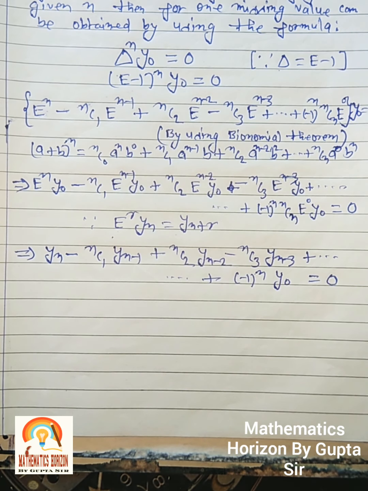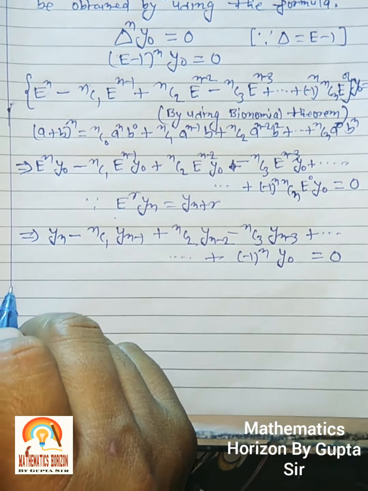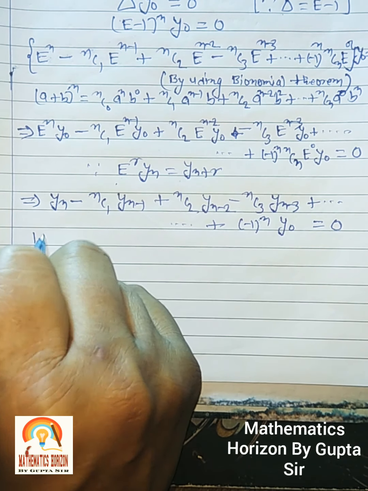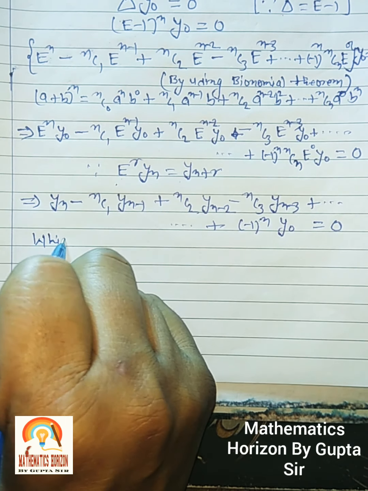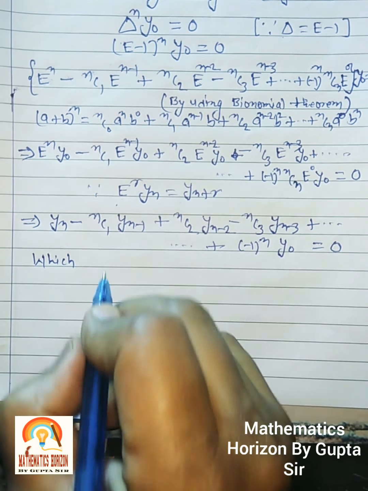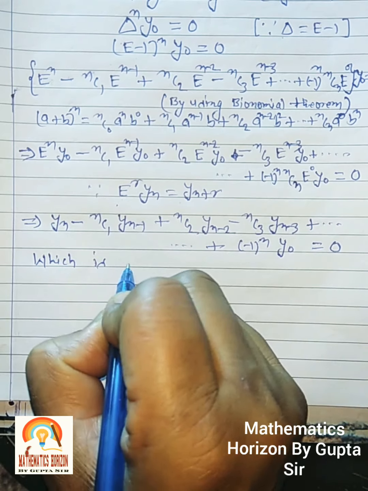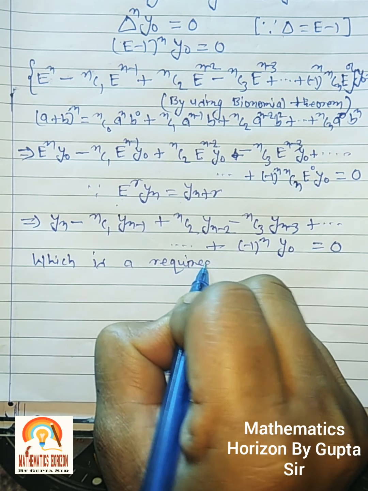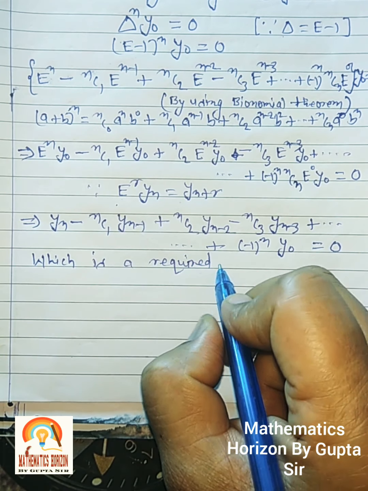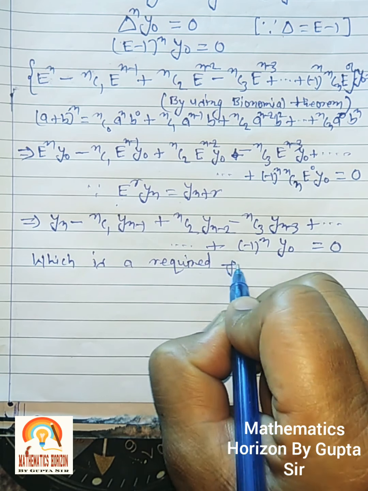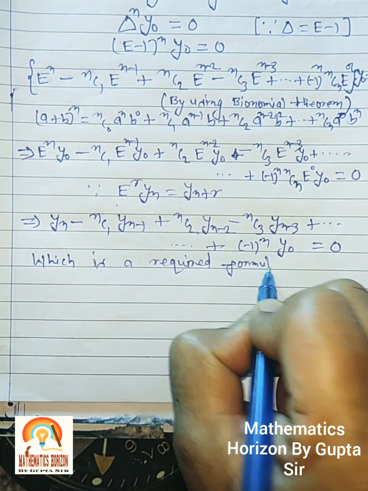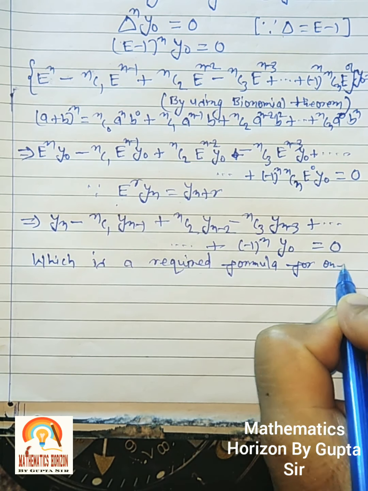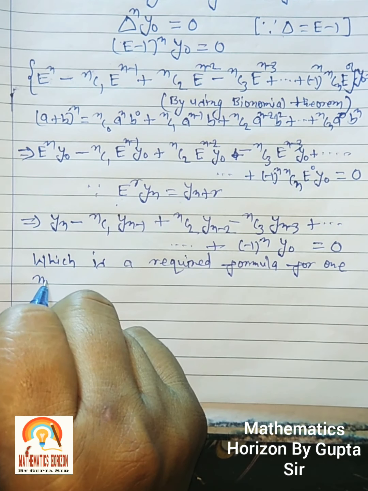Which is the required formula for one missing value.